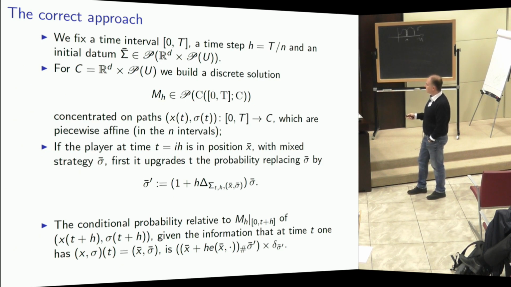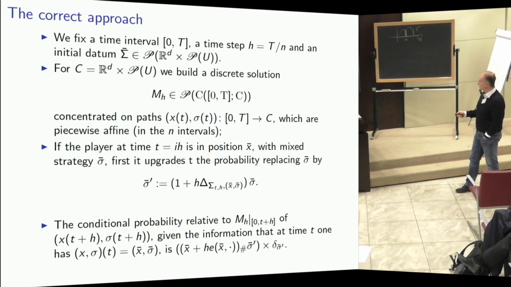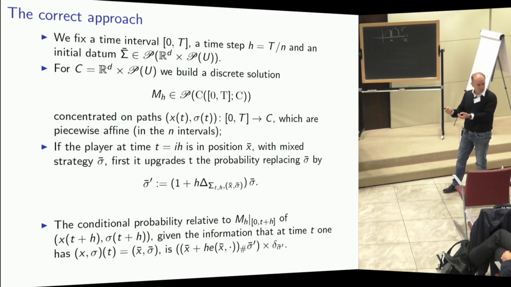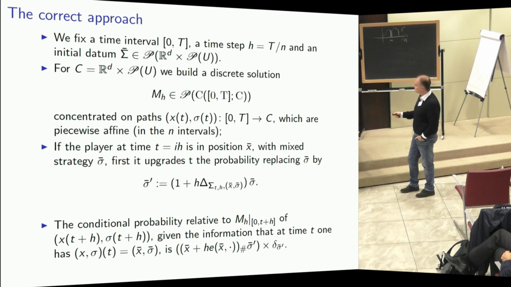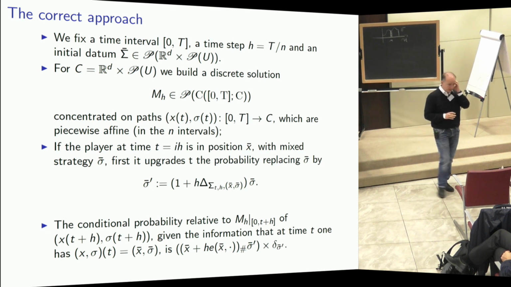And then the conditional probability relative to the path in the interval 0 to t plus h of the next move of this player, with strategy sigma at t plus h, given the information that it was in a previous position, is given in terms of randomizing the next step in space as we did before, but knowing that the next probability distribution is this one. So this is the way you embed the same logic that we saw before into this setting.